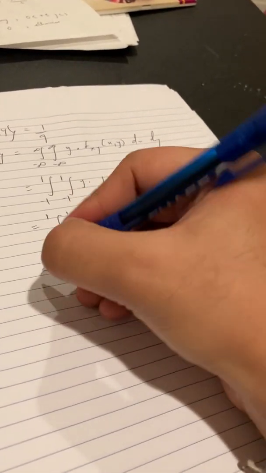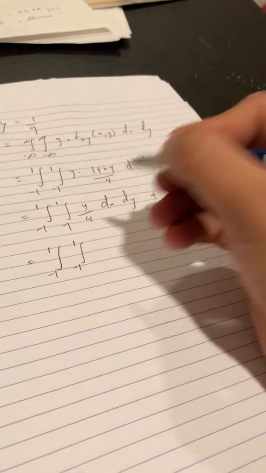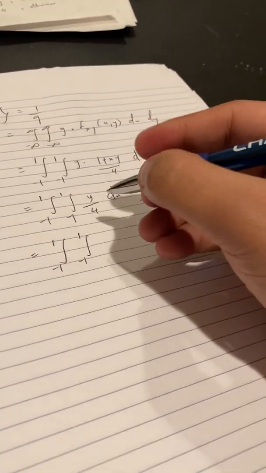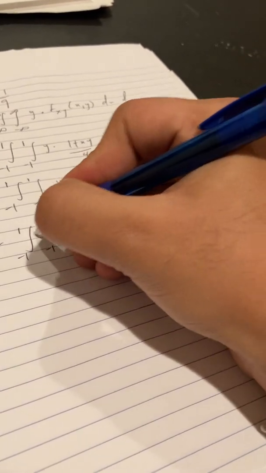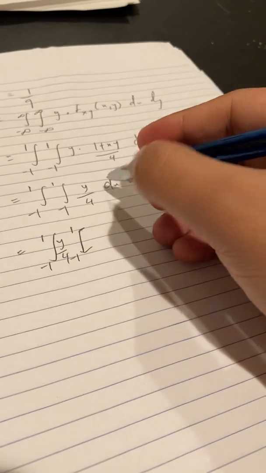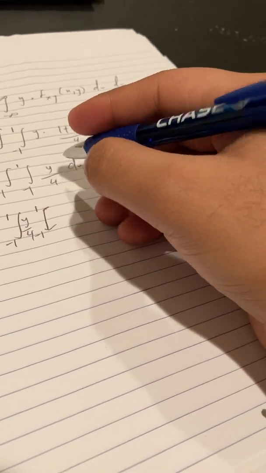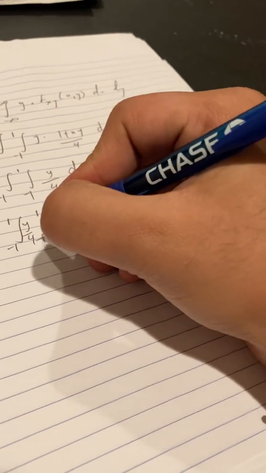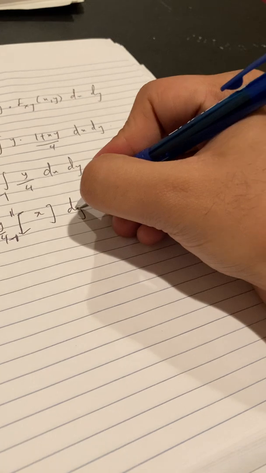Okay, so this is equal to the integral -1 to 1, integral -1 to 1. Sorry, the y by 4 is a constant when we are integrating it with respect to dx. So it is x between the limits -1 to 1, and there is a dy element.